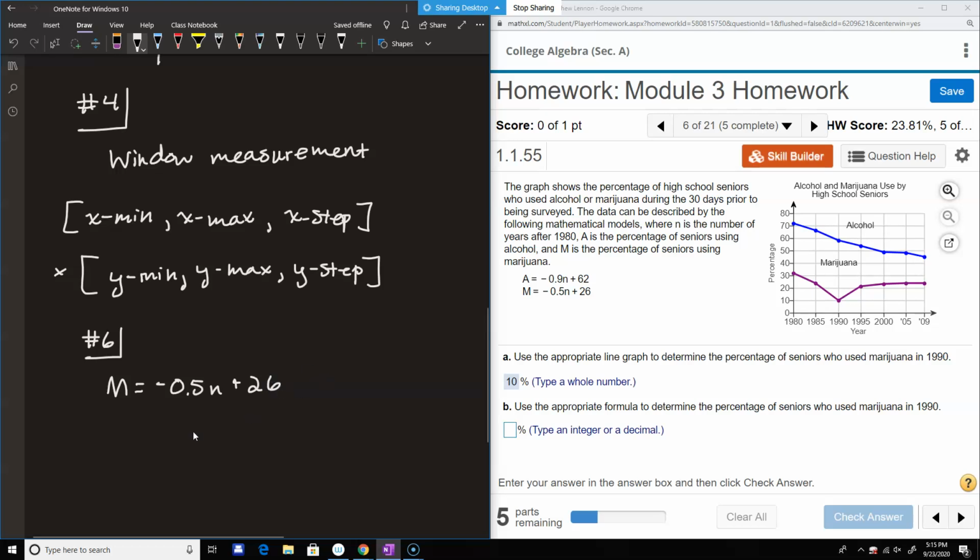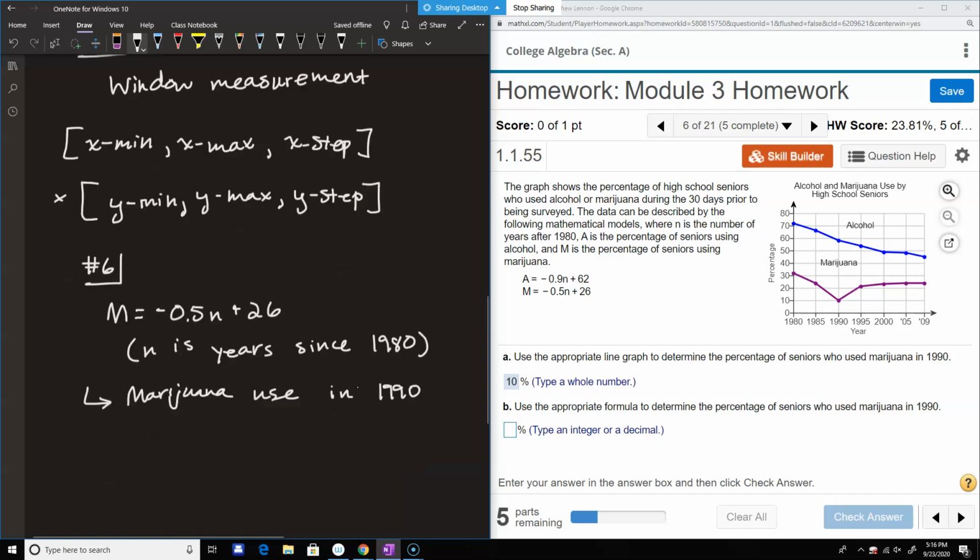And it's important to note that N is years since 1980. Okay, so when they ask marijuana use in 1990, we are going to plug 10 in where N is, because it's 10 years after 1980.